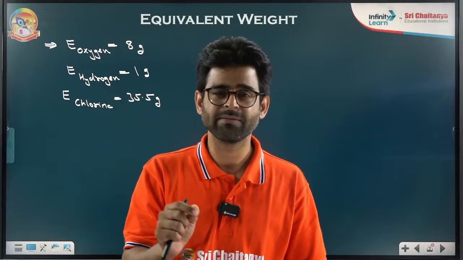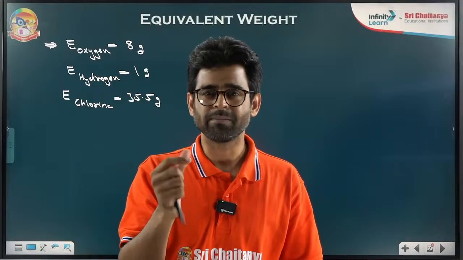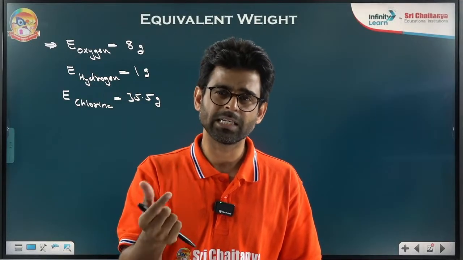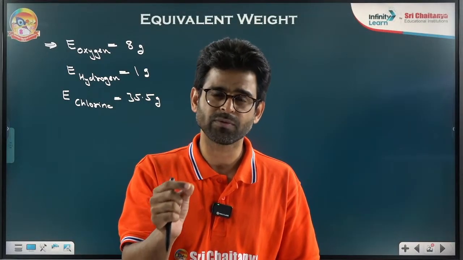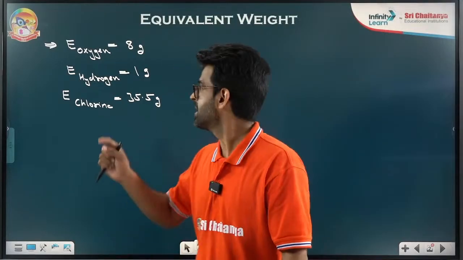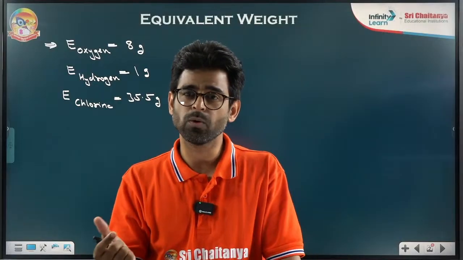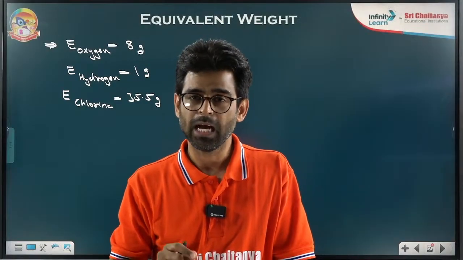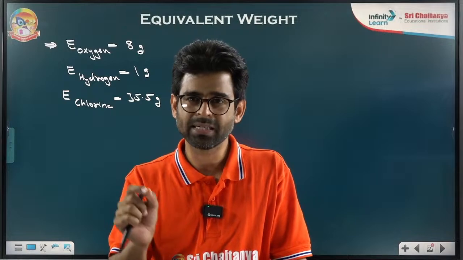What is the definition? They will say, for a metal or element or a substance, anything you take, equivalent weight is that weight of substance which will combine with 8 gram of oxygen, or 1 gram of hydrogen, or 35.5 gram of chlorine. I'm saying once again, imagine oxygen. I'm taking oxygen for reference.